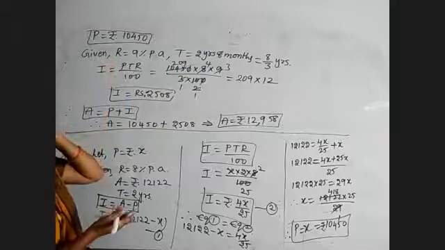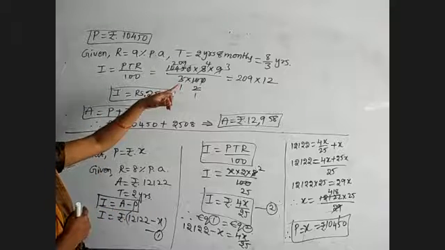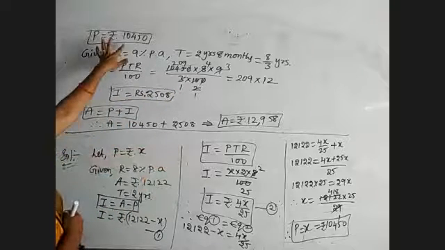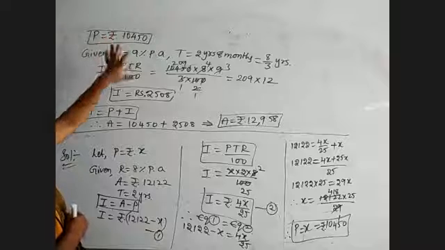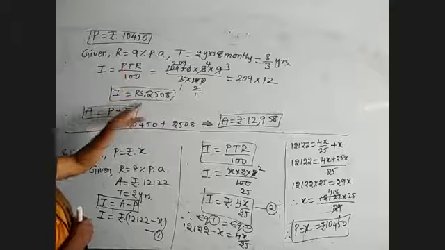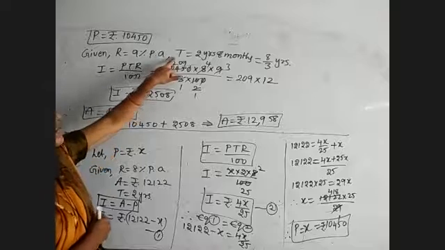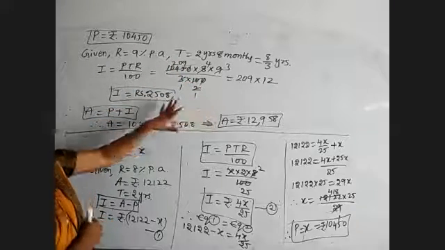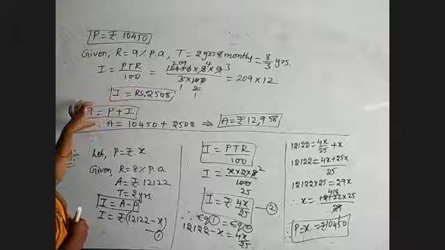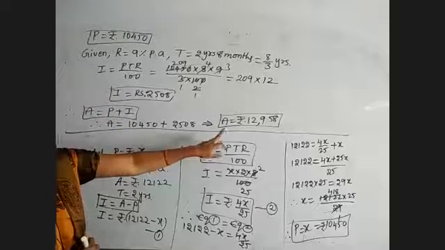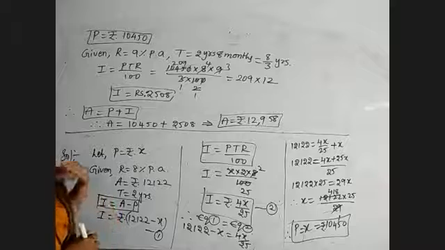So first we need the principal. The principal we got as 10,450 and amount is equal to principal plus interest. Interest we don't have, so first find the interest, and always we need to take time in years. That's why months are also converted into years. So after getting I, find the amount using principal plus interest. We got the value 12,958.